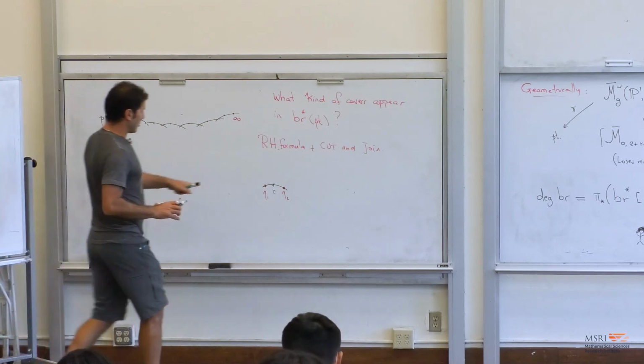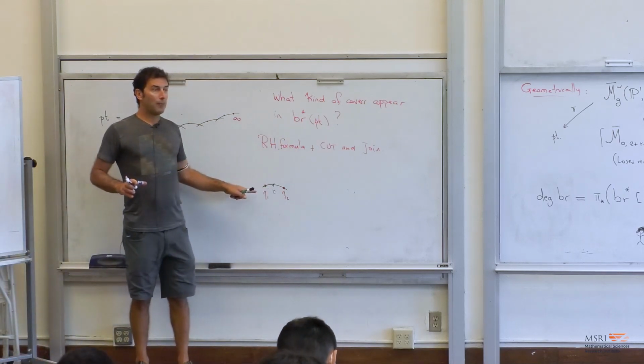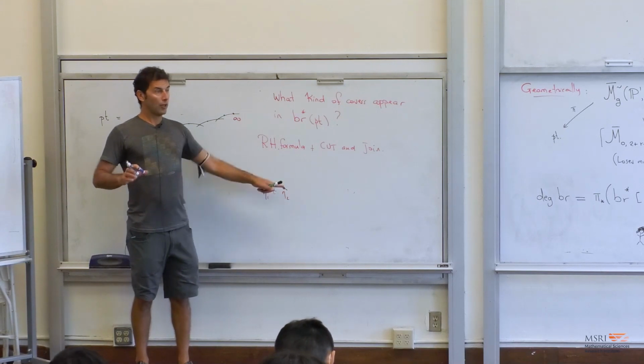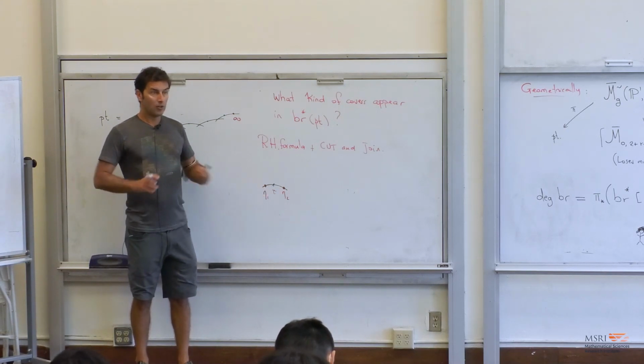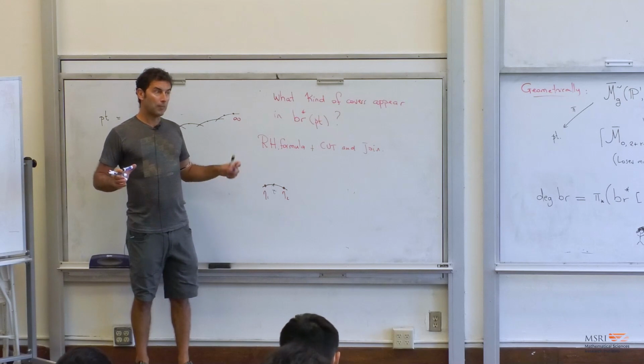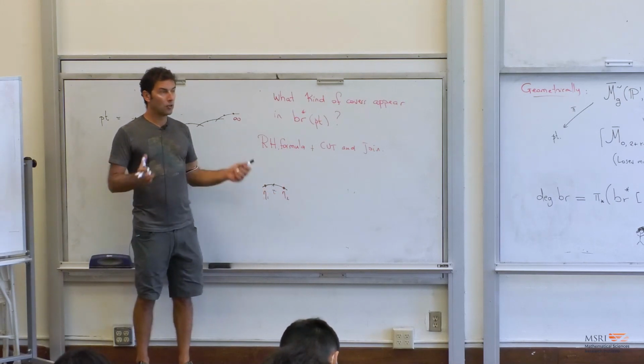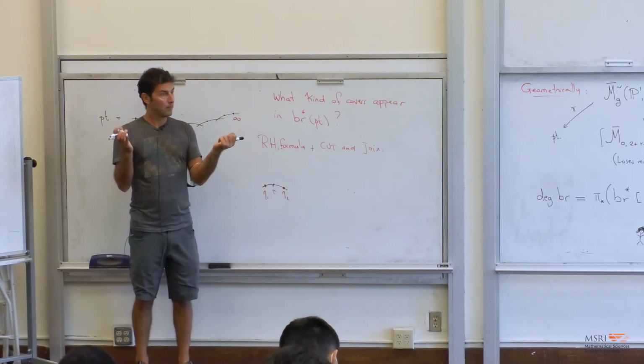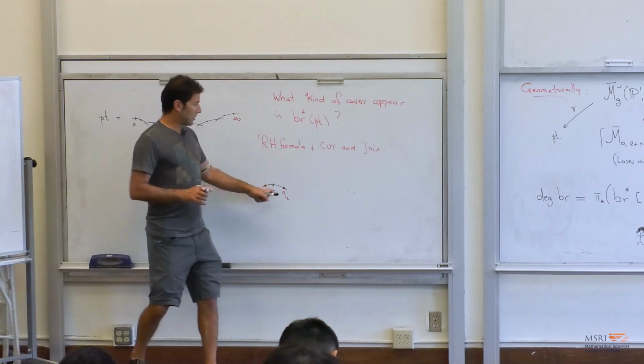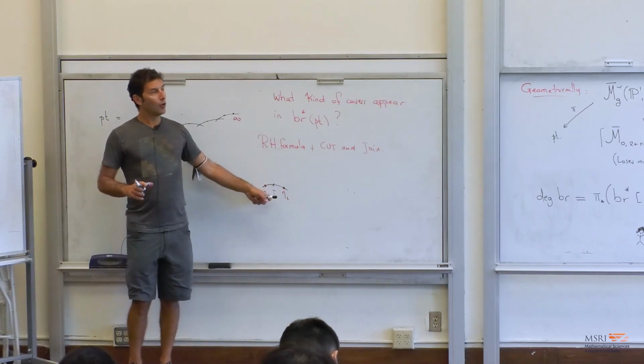Then the cut and join equation tells you that the cycle type of eta 1 and eta 2 cannot be too different. Right? You either join a cycle or split a cycle, right? But the length of eta 1 and eta 2 must differ by 1 exactly. Right? Then you can see, like, what is the Riemann-Hurwitz formula telling me?